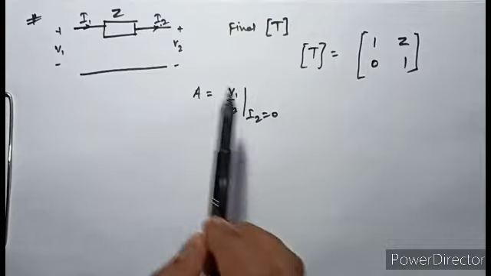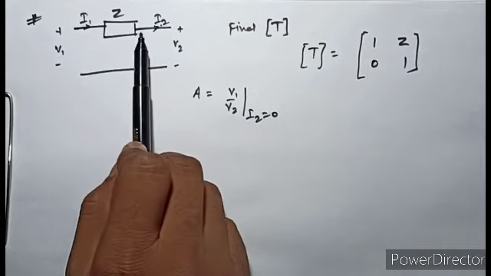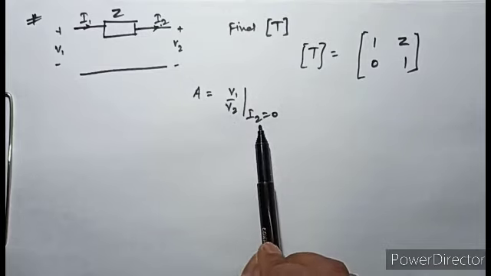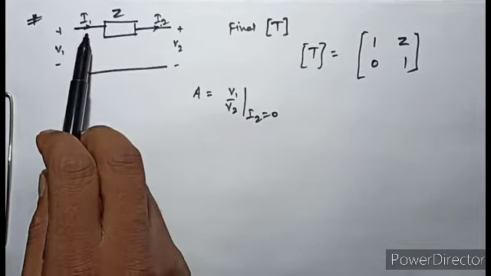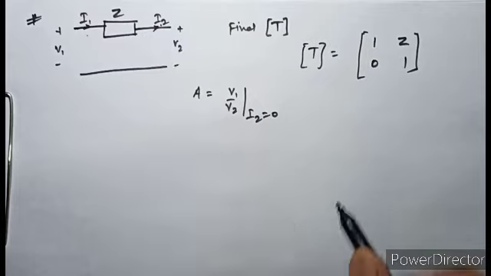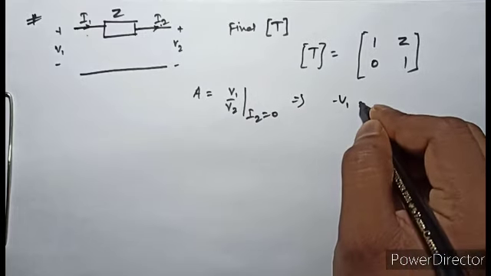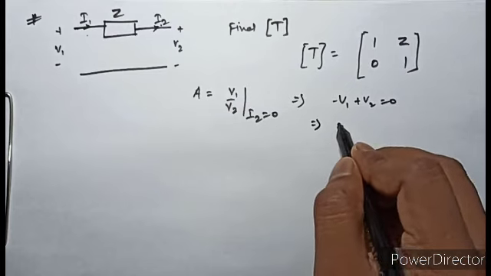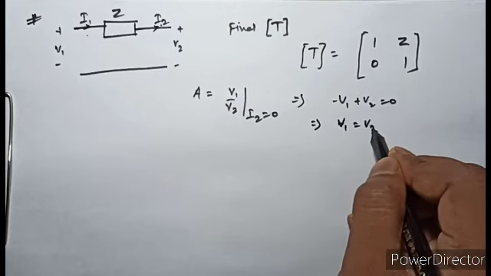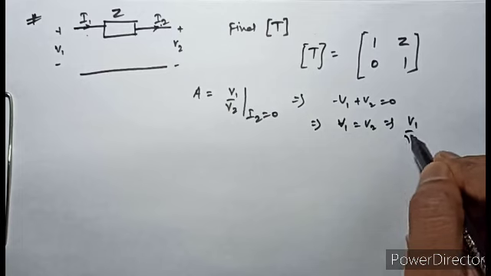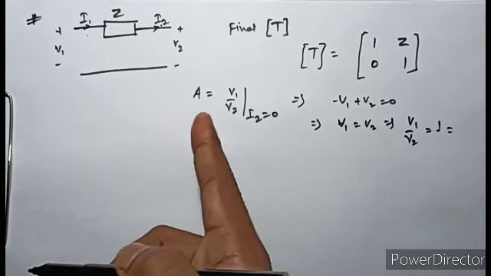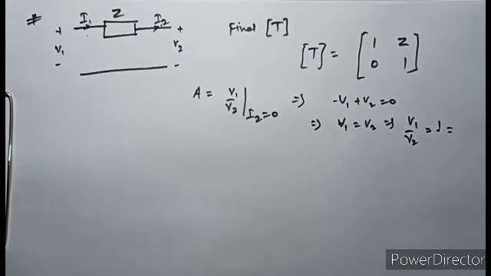Now see, I2 and I1 are the same, means I1 is equal to I2. So if I2 is equal to 0, it means I1 is 0. Writing KVL in this loop, we will have minus V1 plus V2 is equal to 0, and V1 is equal to V2, and from here V1 by V2 will be 1.